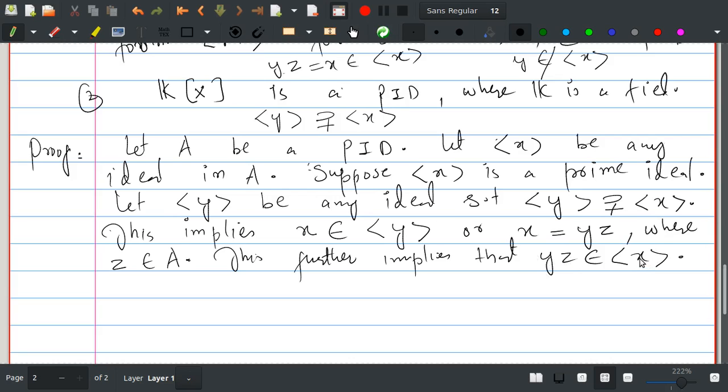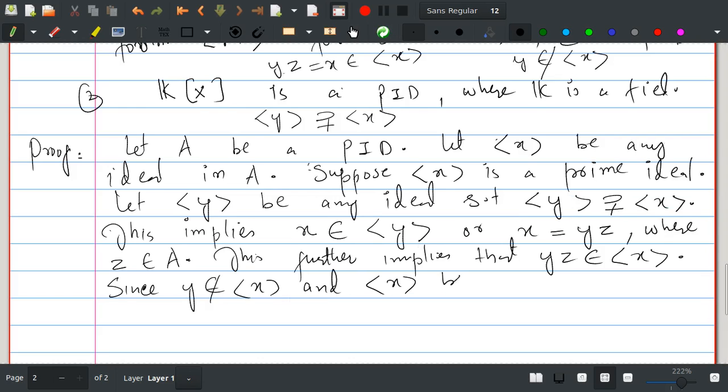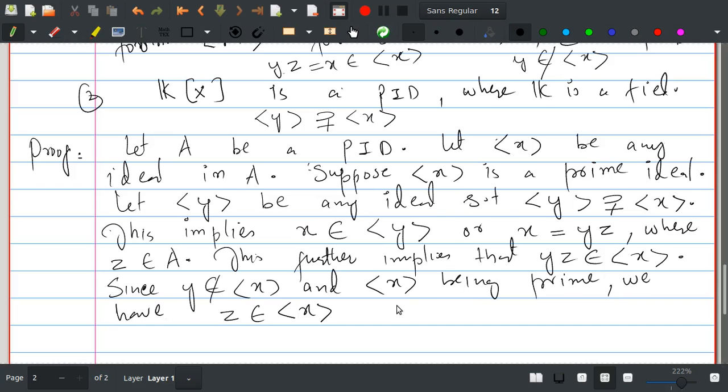Suppose this ideal is not a prime ideal, then it is not necessary that one of them should be there, but it is given that this ideal is a prime ideal and Y is not there, so it follows that Z is inside there. Since Y is not inside the ideal, because this containment is proper, and X being prime, we have Z is inside the ideal generated by X.